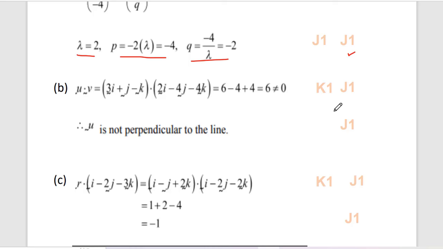When U dot V is 6, which is not equal to 0, it means that U is not perpendicular to the line L. For the marks, if you do U dot V you get K1, then you get 6 for J1, and the conclusion gets J1.